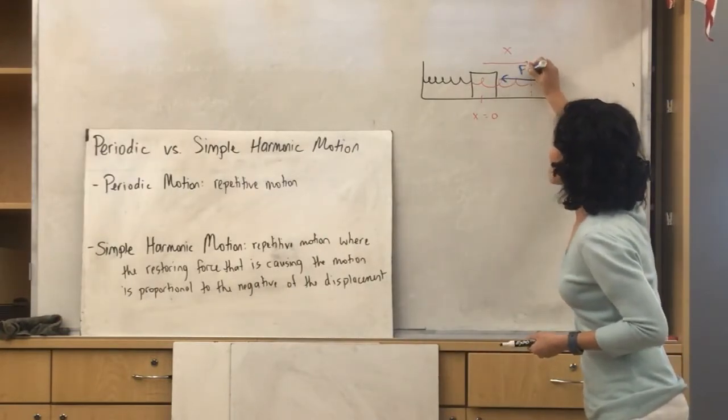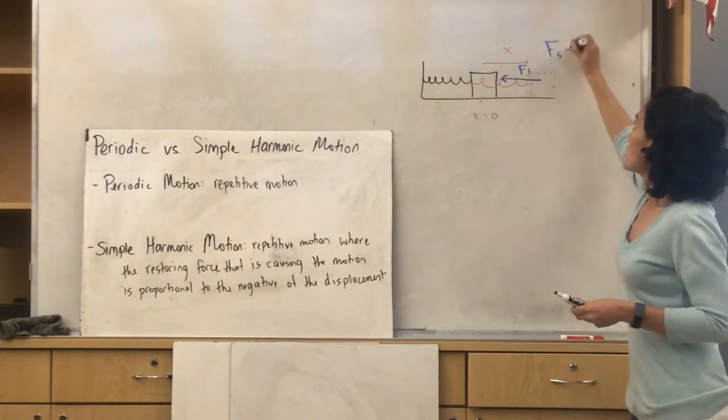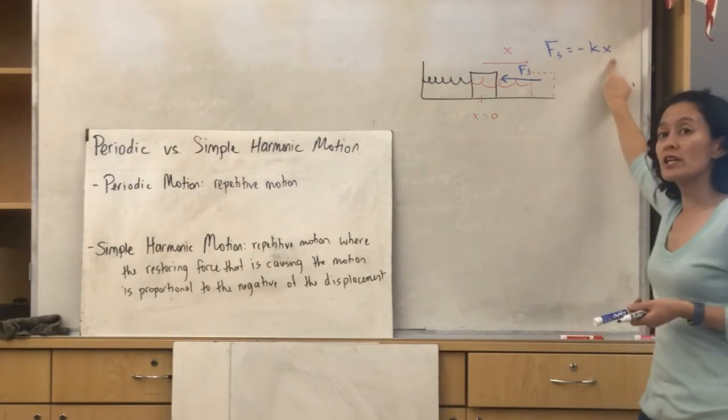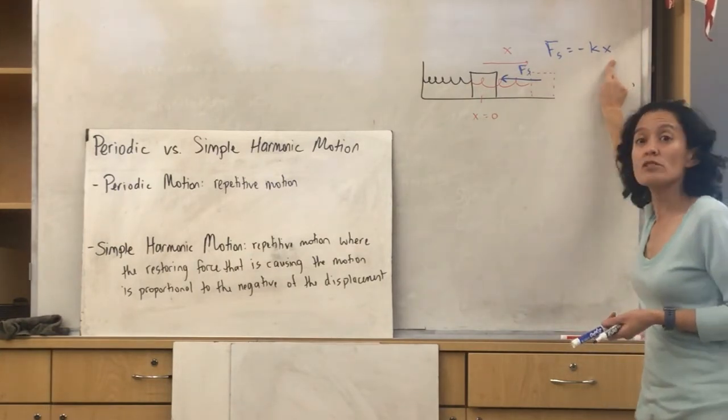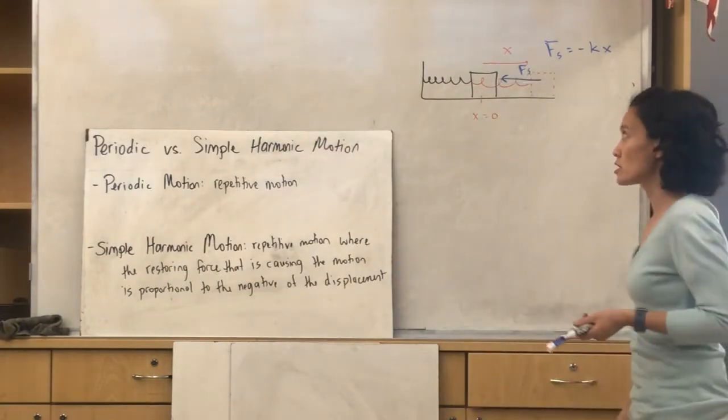That's the spring force. And the spring force is proportional to negative kx. So it's proportional to the displacement. It's actually proportional to the negative of the displacement because it's a restoring force. It's causing it to go in the other direction as the displacement of it.